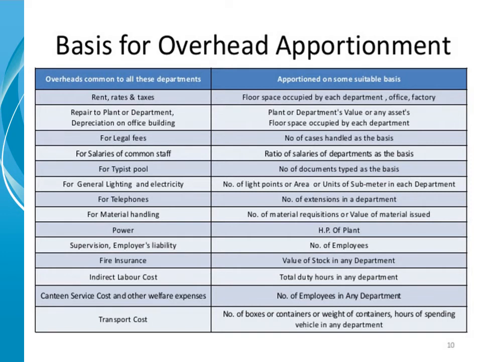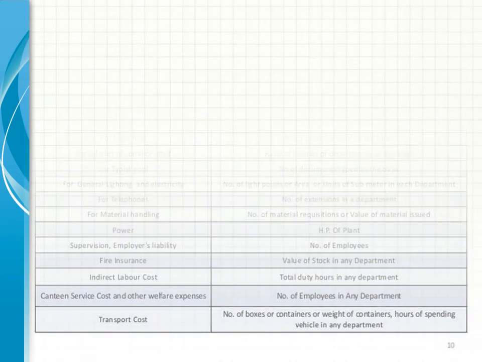Supervision, employer liability, number of employees. Fire insurance, value of stock of the department. Indirect labor cost, total duty hours in the department. Canteen service cost and other welfare expenses, number of employees in any department. Transport cost on the basis of hours or vehicle transportation or the containers handled, like that. So this is the basic.